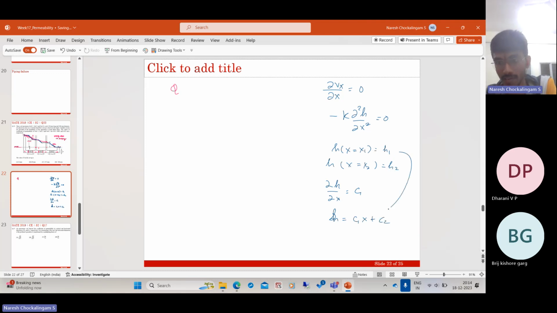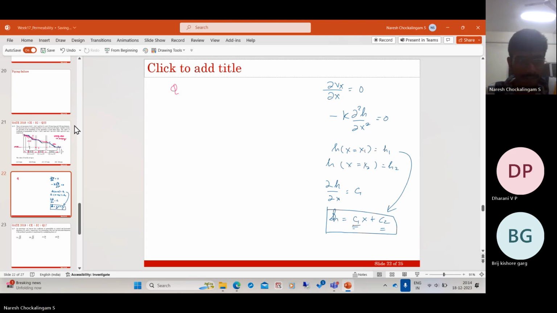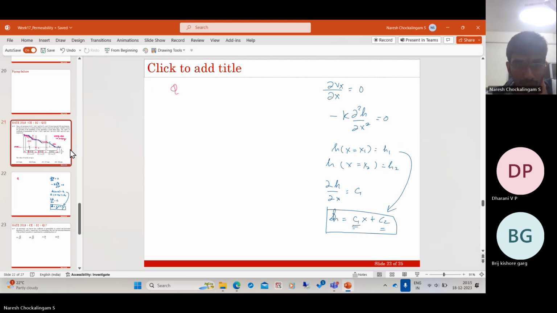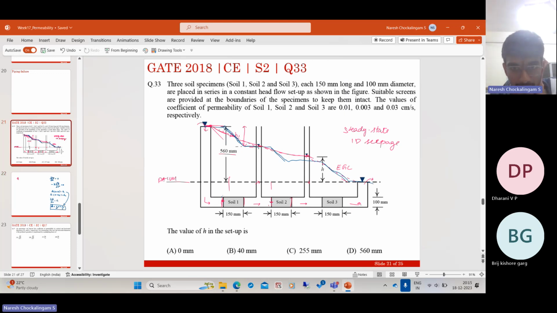And you enforce these two boundary conditions to find what c1 and c2 are. So h is linear in x. Therefore, along the direction of flow, the total head drops linearly. That is the idea. But in this problem, the variation itself is not important. We are only asked to find the last h.